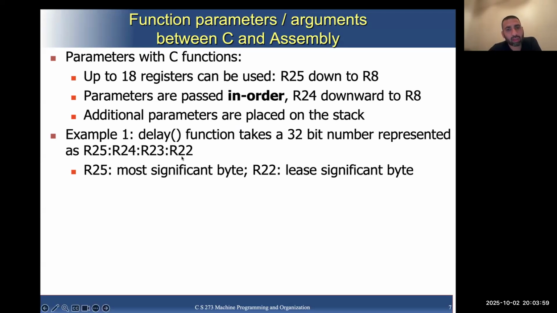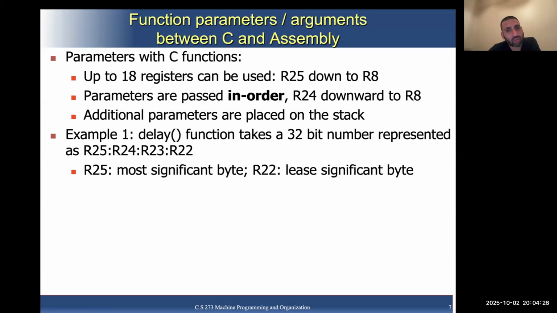So remember in the last lab, we used a delay function, and this function is already defined in the library of the AVR microcontrollers. So if we want to use that, we need to pass the parameters, right? We were calling that function delay from the assembly language, but the function is not defined in assembly language, it is defined in the library, right?